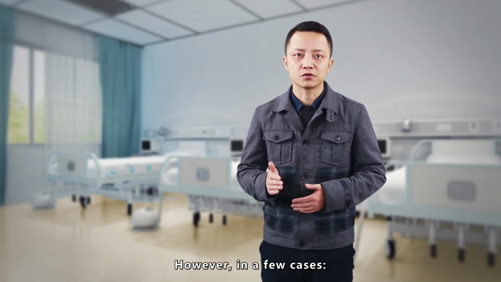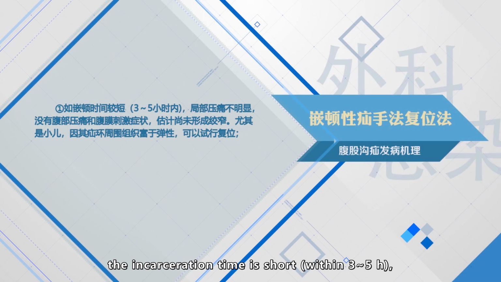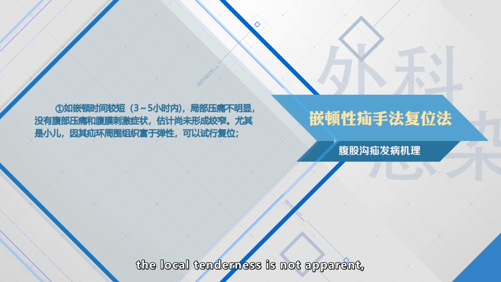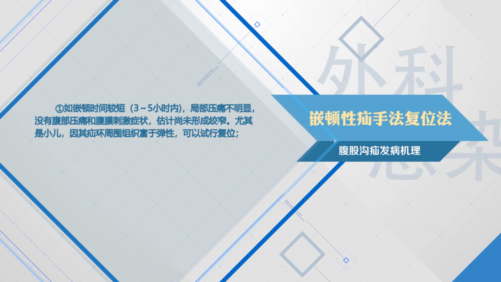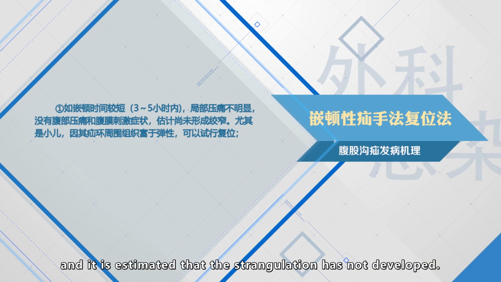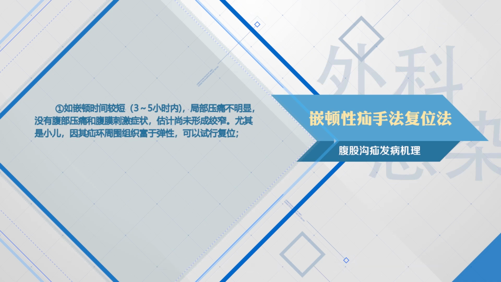However, in a few cases, the incarceration time is short, within 3 to 5 hours. The neck tenderness is not apparent. There is no abdominal tenderness or signs of peritoneal irritation, and it is estimated that strangulation has not developed.